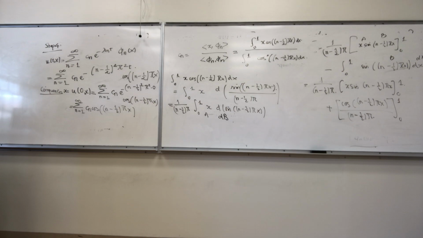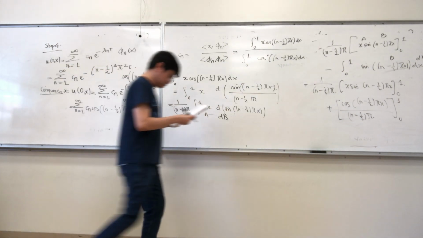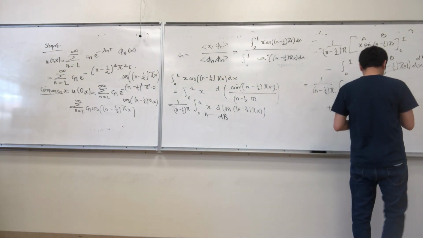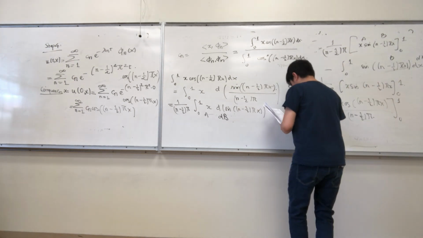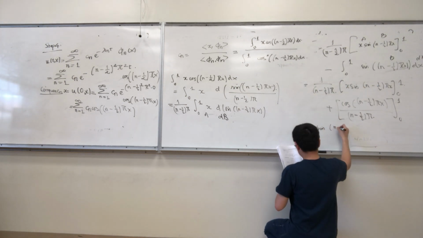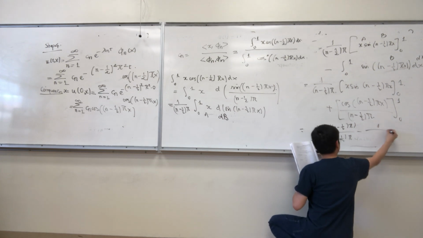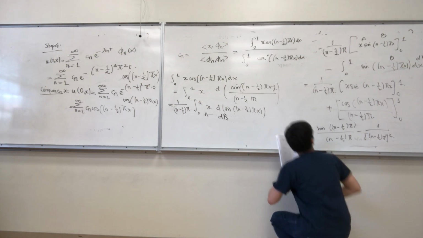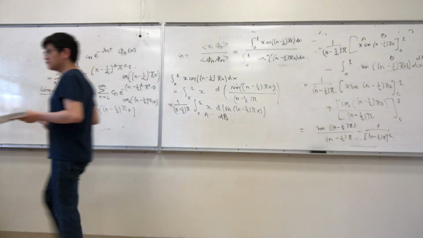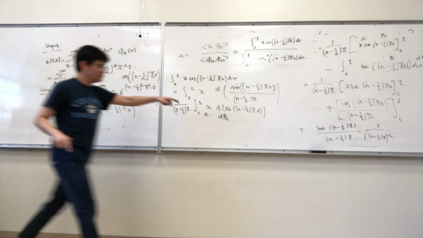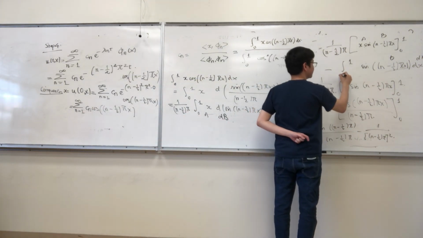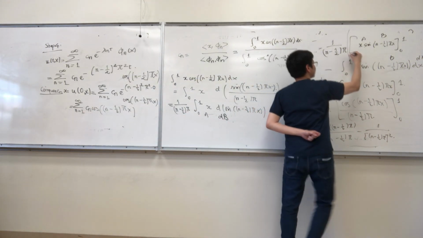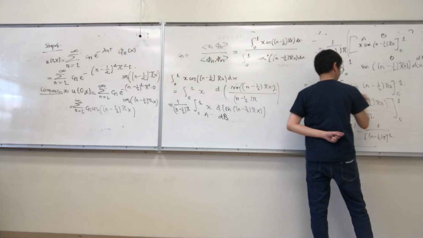This is sine of (n minus 1/2) pi divided by (n minus 1/2) pi, minus 1 over (n minus 1/2) pi squared. Alright? And I forgot the 1 over (n minus 1/2) pi outside. This is outside. Right?